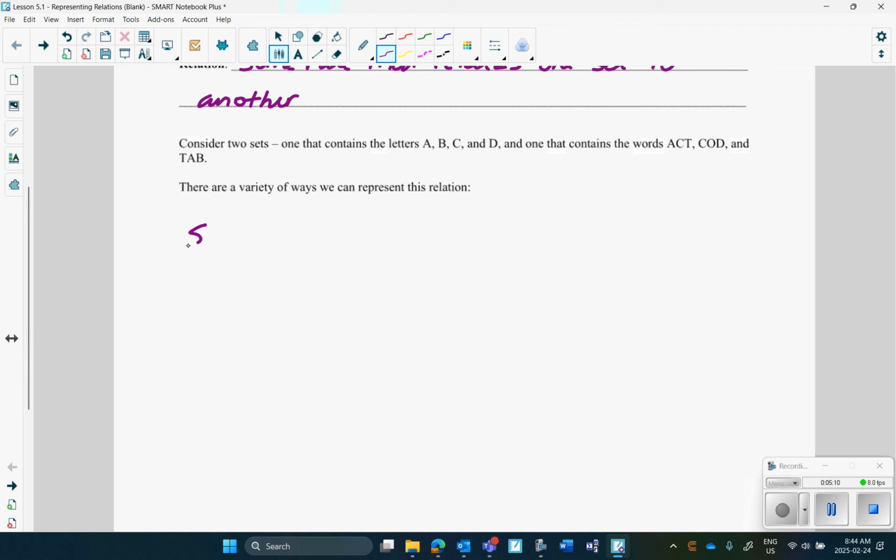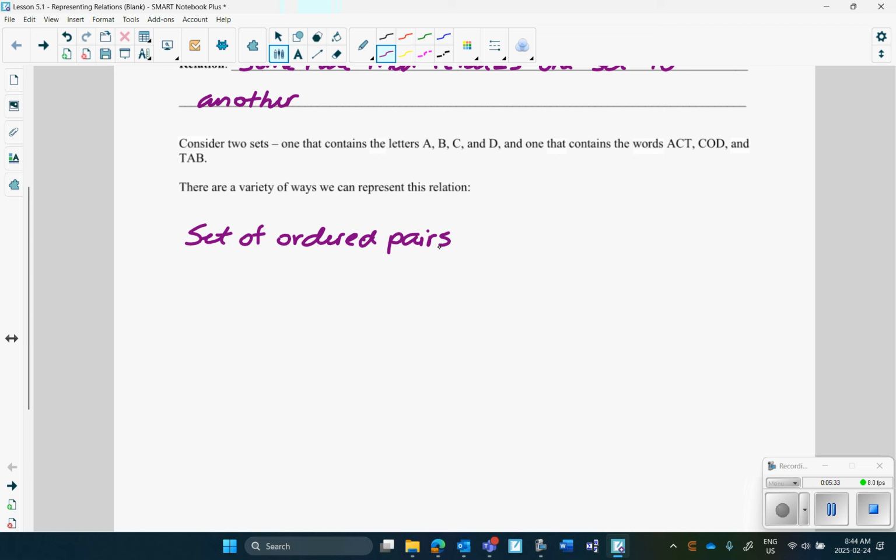One would be a set of ordered pairs. So let's say the rule is we are relating a letter to a word that letter appears in.